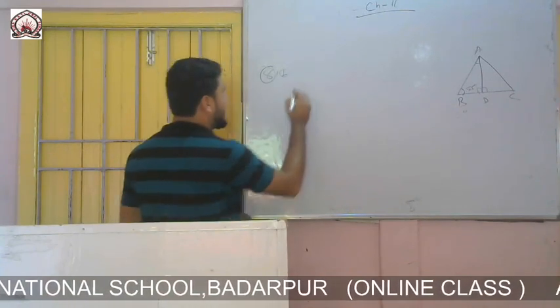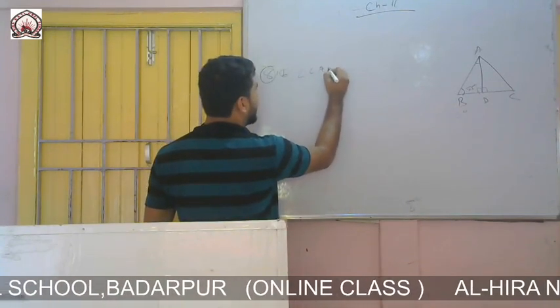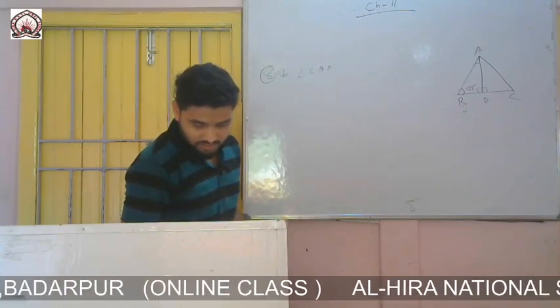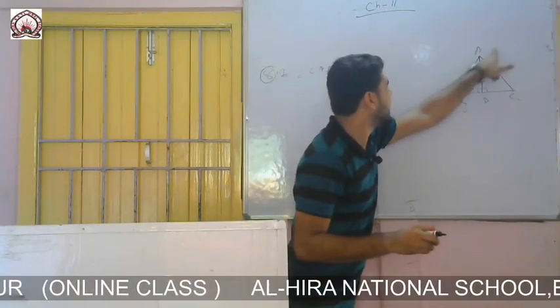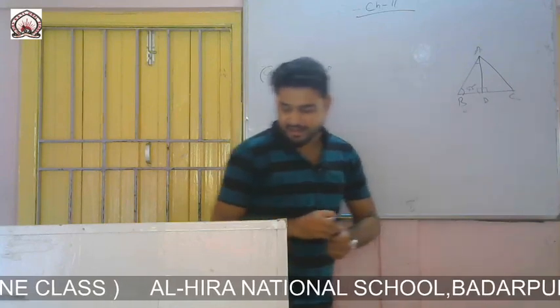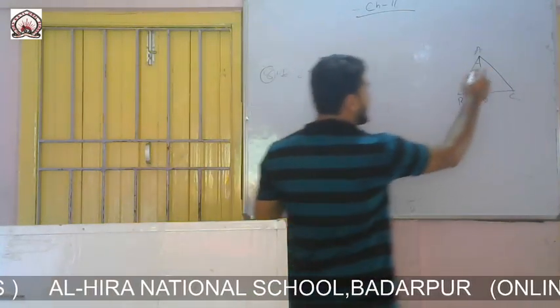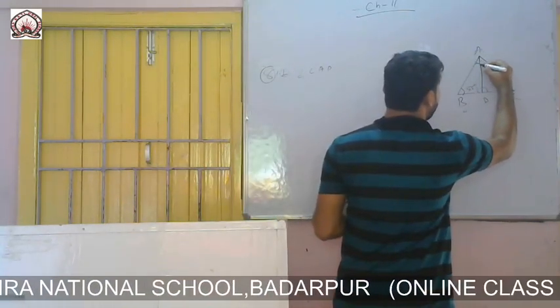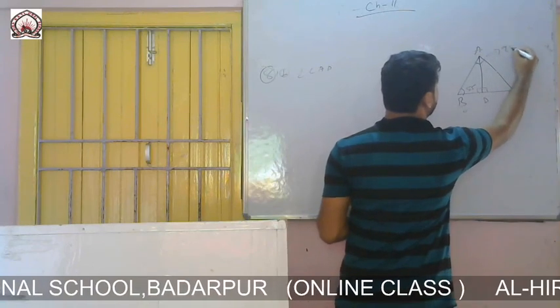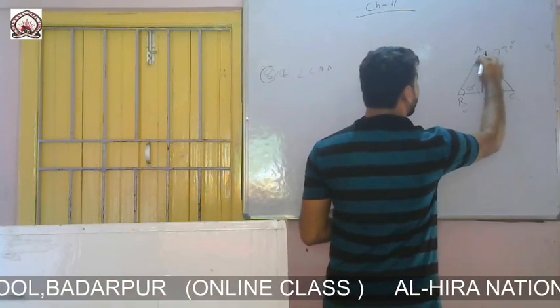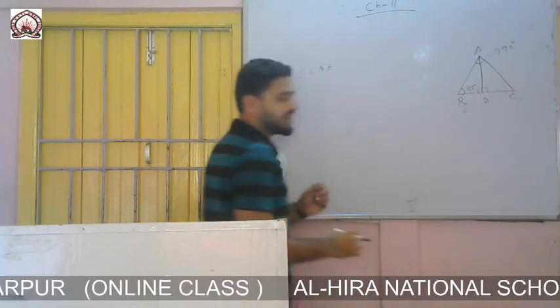We have to find CAD. That means we have to find the measure of this angle. Here you see the measure of this angle is also given what? 90 degree. That means together the measure of this angle is 90 degree.